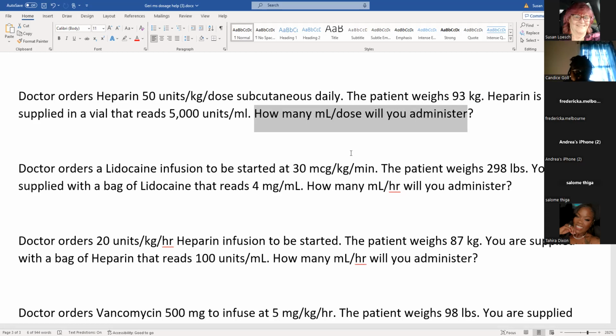You're not quite sure? Look at what's in the statement. What were you given? What's your formula? Come on, don't be scared. You guys know this. You're given a dose. What's your formula? Desired over half. Okay. It gave you what you have, right? And it gave you a desired dose.